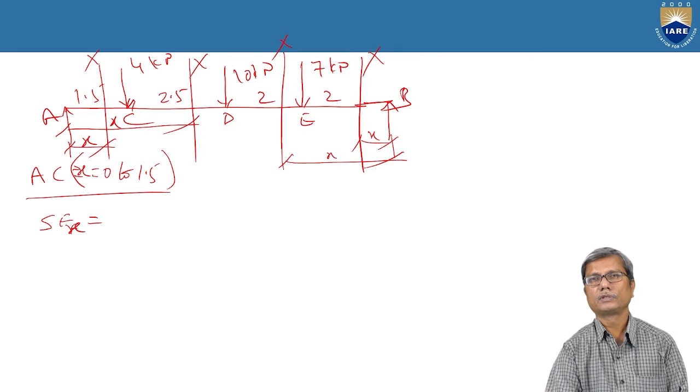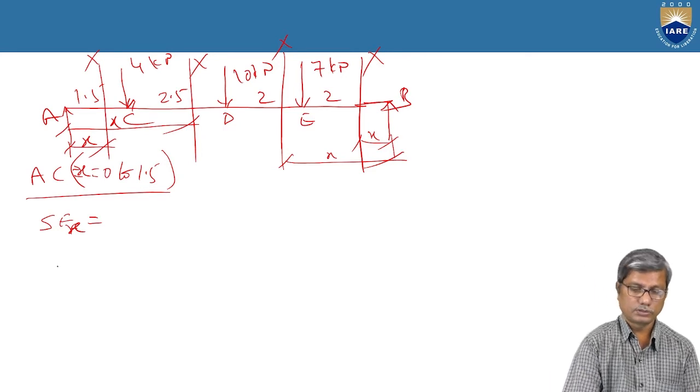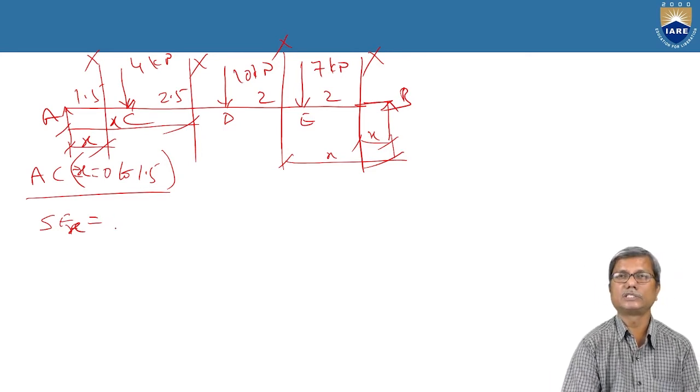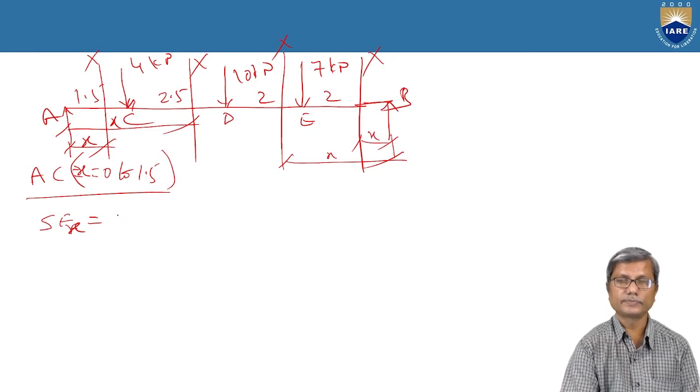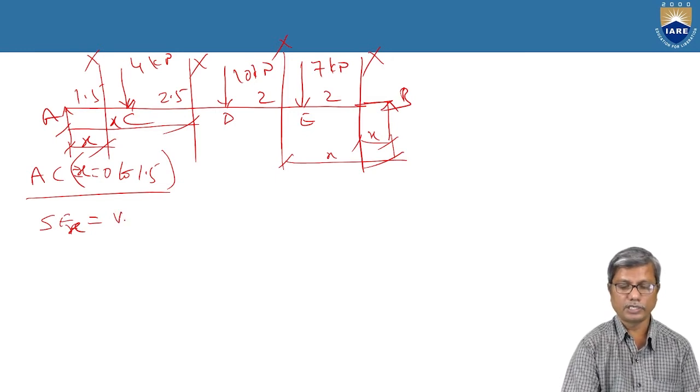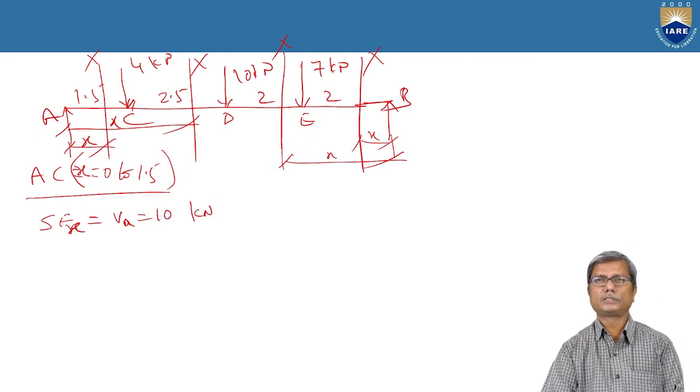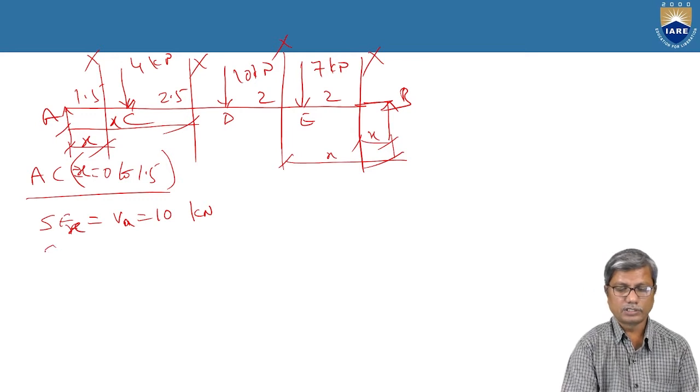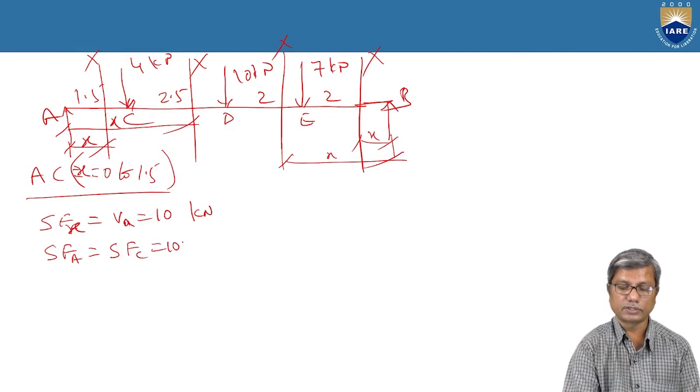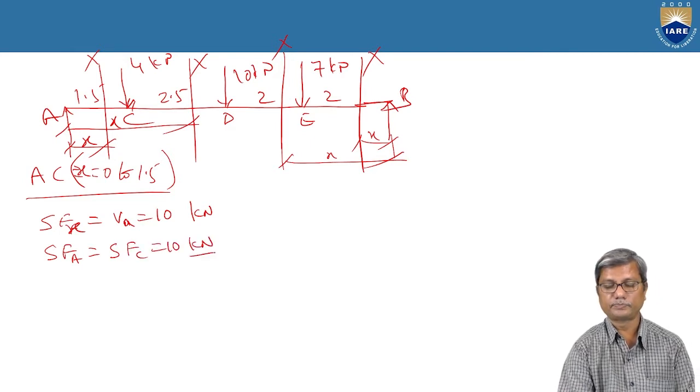Understand? So, shear force at X, considering the portion AC, is equal to VA, which is 10. Positive this is, left side upwards is positive. And shear force at A and shear force at C is equal to 10 because it is independent of X, you can observe.